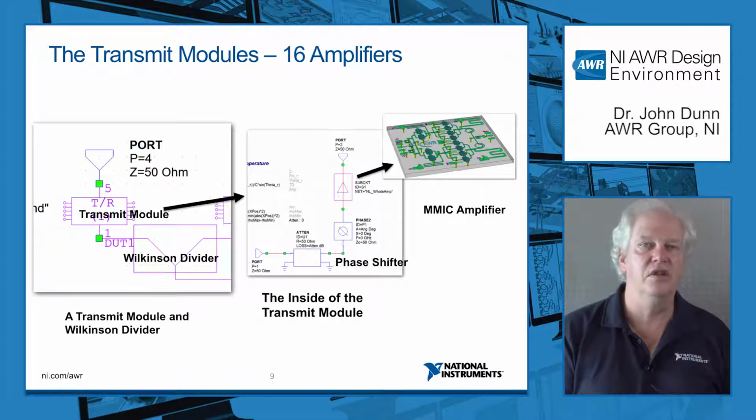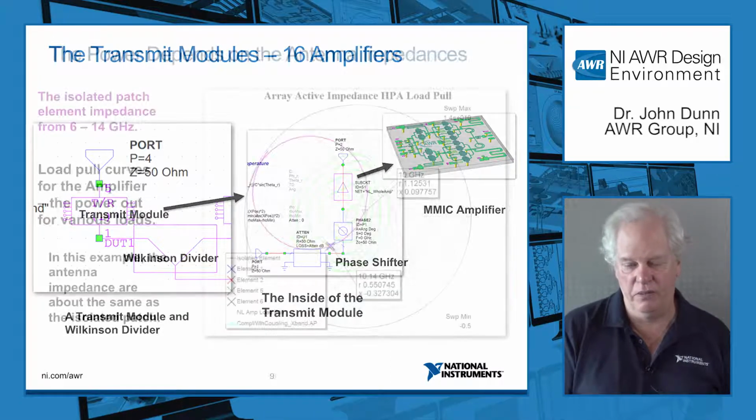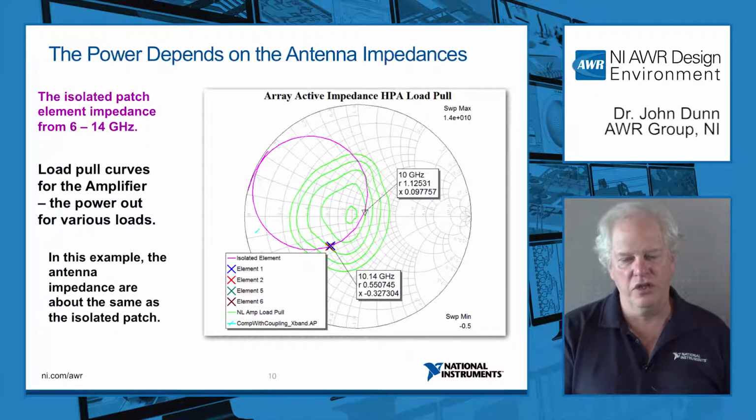The impedance of those elements, the input impedances into the antennas, are the loads of the power amps. And as they change, as the beam steers, they're going to affect the power amplifier performance. I'll just show you some results from this very quickly. This is essentially load pull, and obviously we want to get the maximum power delivered to the antenna elements.